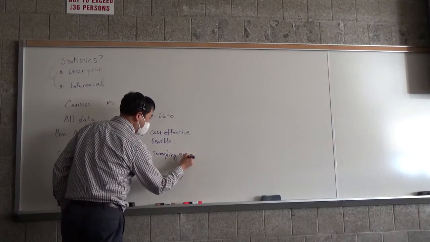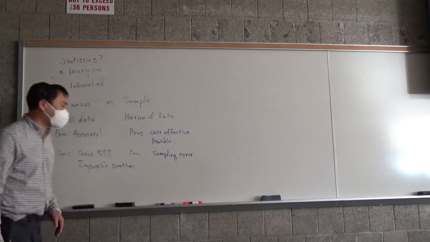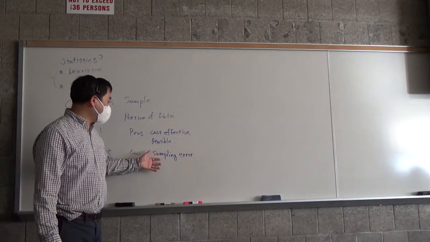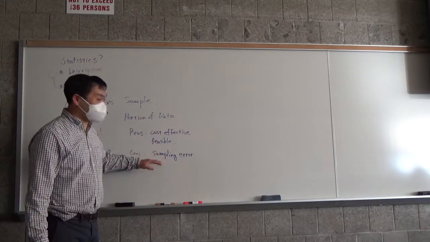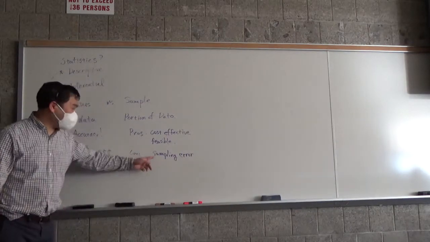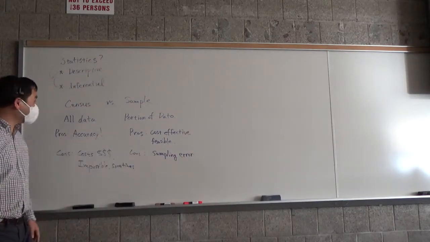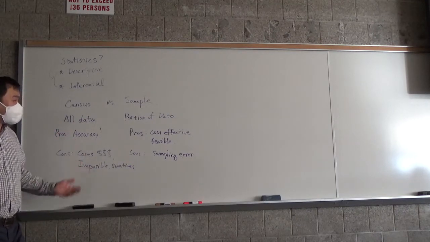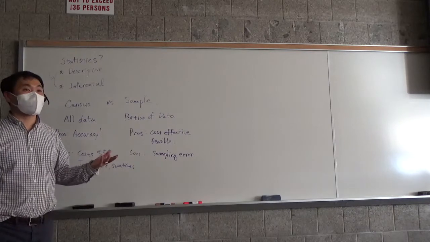Okay, because you are getting only the values from the sample. Inevitably, your value that you get from here wouldn't match the actual value that you're going after. Like, for example, let's say you want to know the population of United States that's smoking, right?